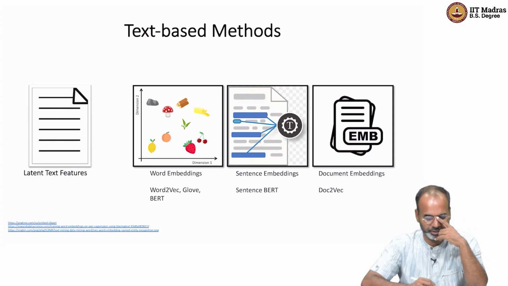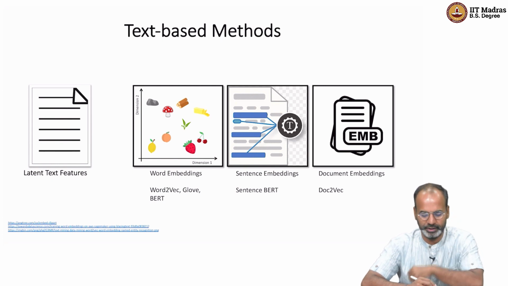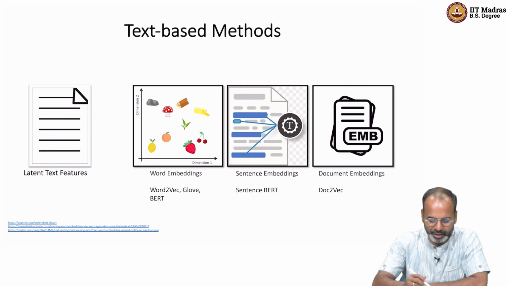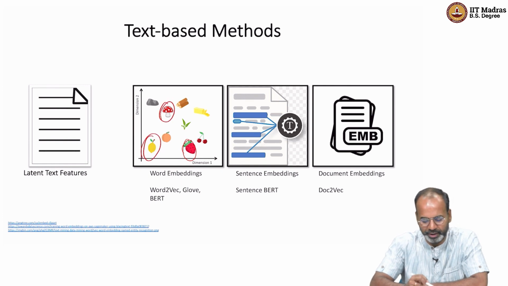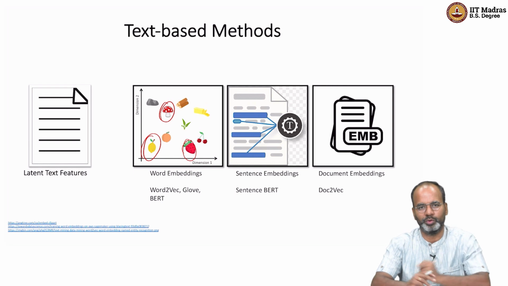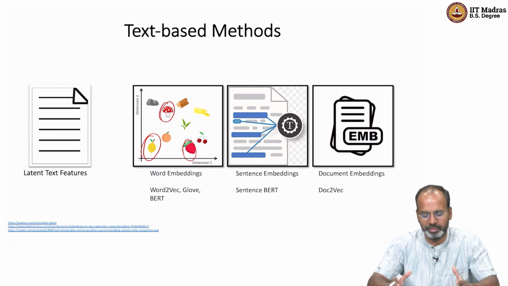Latent text features, which is word embeddings, right? Word embeddings are nothing but take any word. For example, this is strawberry, this is mushroom, I guess, this is lemon. Take different words that you want to represent in a multi-dimensional space.